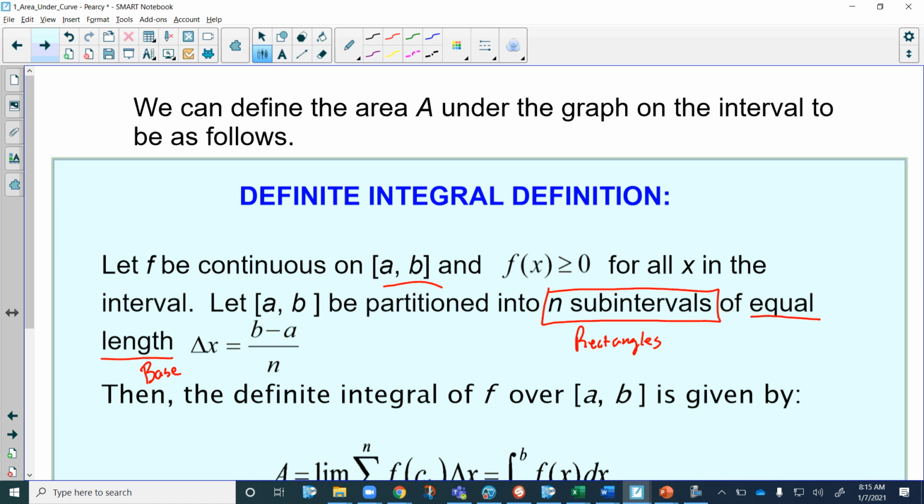So from A to B, we're going to take the difference of them. These are your inputs, your x numbers, and the difference between them represents a horizontal distance. And n is the number of rectangles that we have.